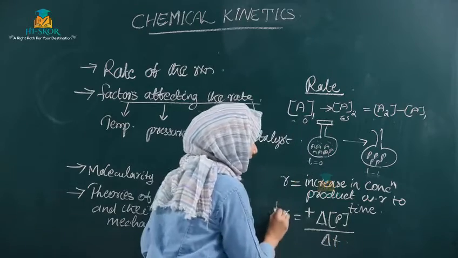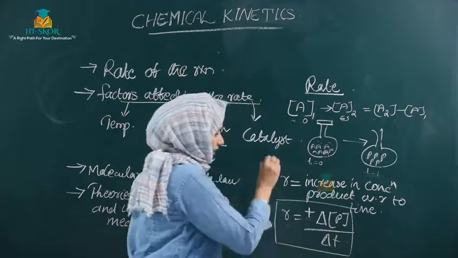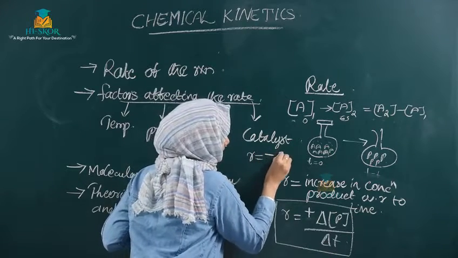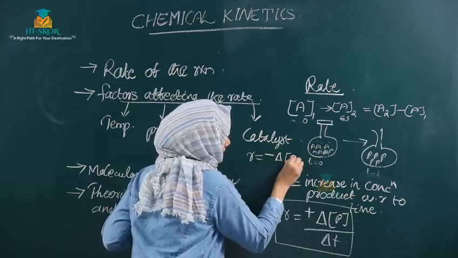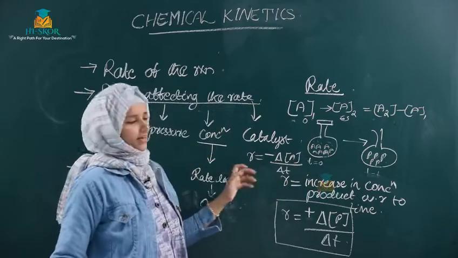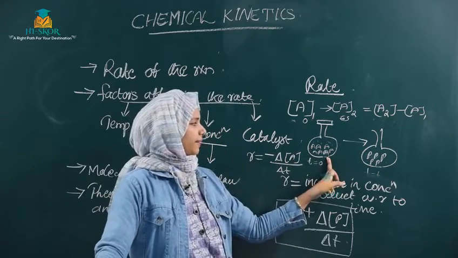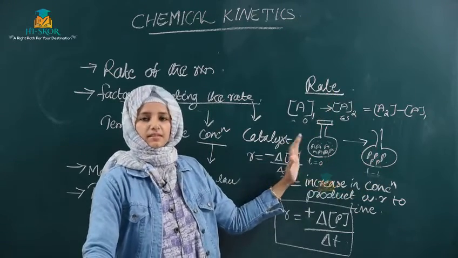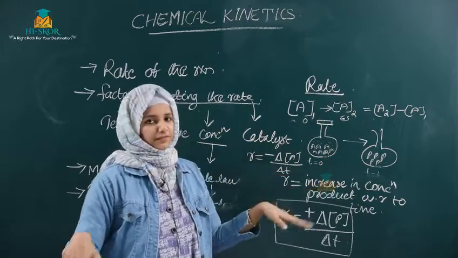So this is the rate in terms of product, and the rate in terms of reactant is minus delta A divided by delta T. That's all about the rate of reaction in terms of reactant and product. This is the way we express the rate or speed of the reaction.